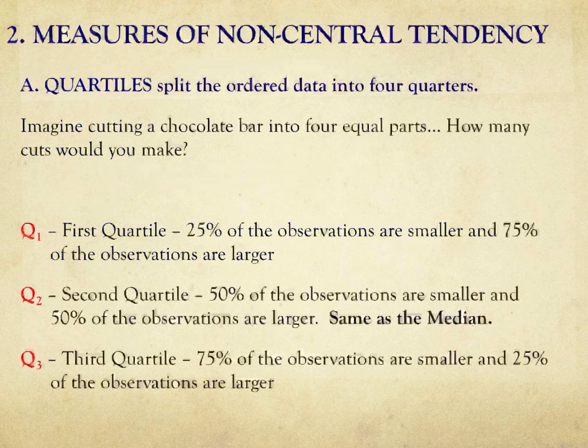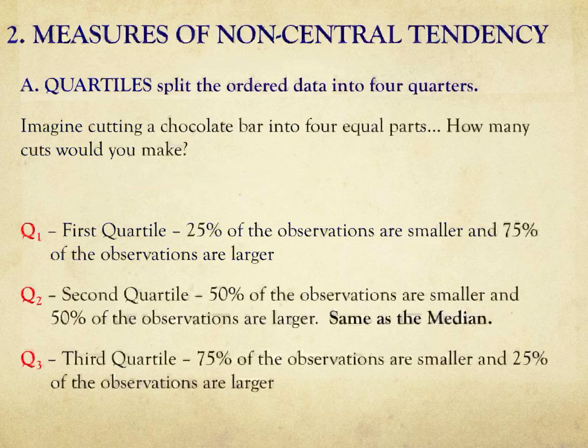The next measurement that we consider in statistics and probability are what are called measures of non-central tendency. Unlike the previous set of measurements that look at the location of a data set, these particular measurements look at the position of a data within the data set.